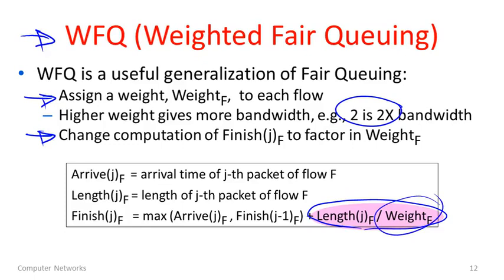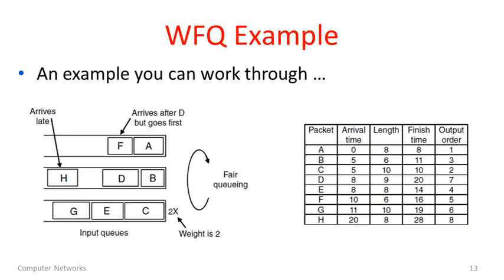If the weight were 2, it would mean you get to send 2 bits every virtual clock tick. So instead of adding length, the number of bits we want to send, we'll add length divided by 2, because that's the number of virtual clock ticks. So using the weight factor in this way normalizes everything in terms of the virtual clock and helps us understand what's going on and the order in which to send things.